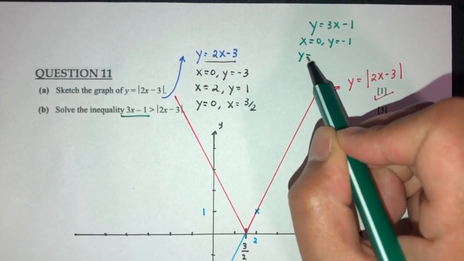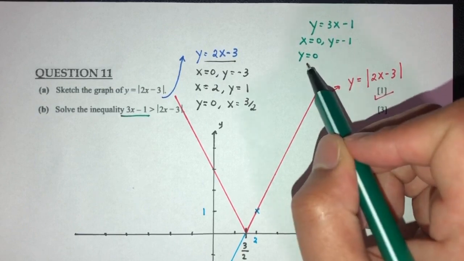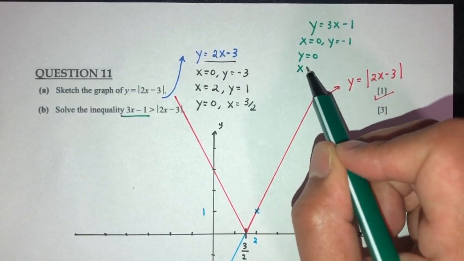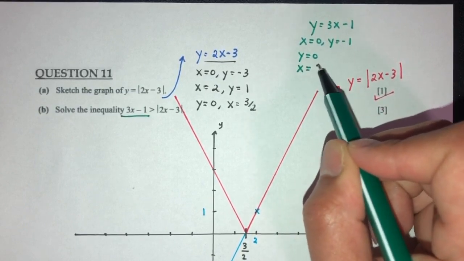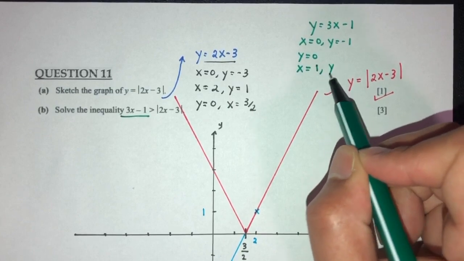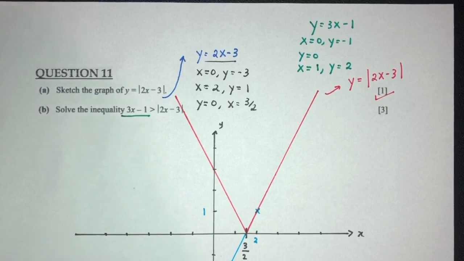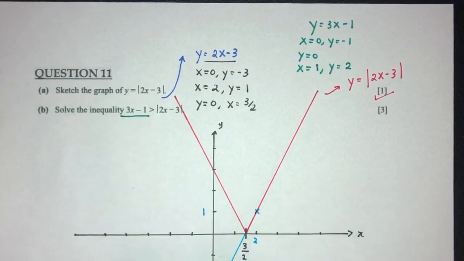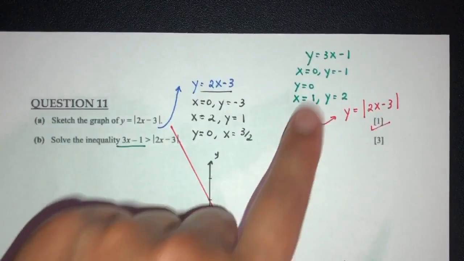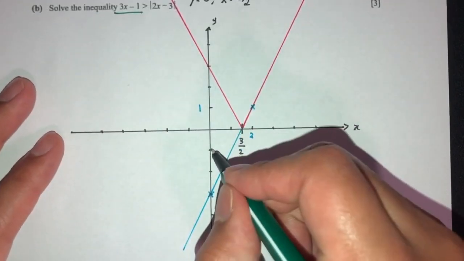When y is 0, I guess it's not easy to work with. Let me choose something else. When x is, let's say, 1, the value of y will be 2. Again, your goal is to make your life easy, not choose something that makes your life hard, right? You can choose any values you want to, just something easy that you can work with. First is 0, minus 1, so 0, minus 1 will be right here.